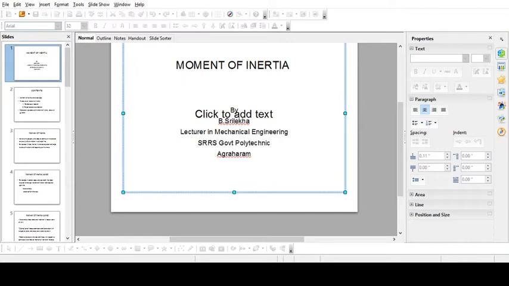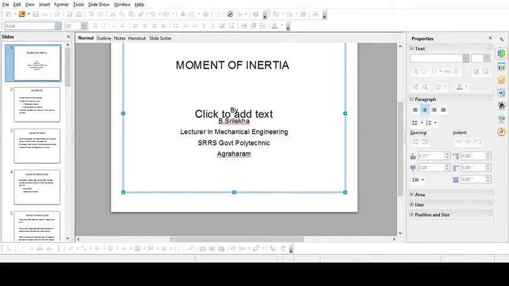Next, theorems: parallel axis theorem and perpendicular axis theorem. So parallel axis theorem is used when there are two parallel axes. How would you find the moment of inertia about a particular axis? And perpendicular axis theorem is when there are mutually perpendicular axes.